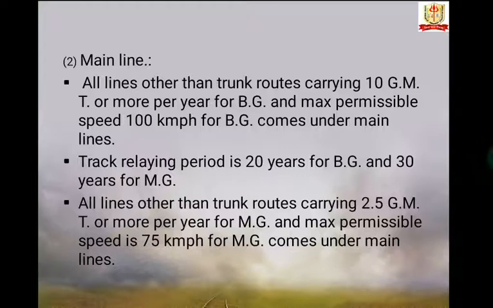It means all lines other than the trunk routes carrying 10 gross million tonnes per annum or more for broad gauge and 2.5 gross million or more for meter gauge, and whose maximum permissible speed allowed is 100 km per hour for broad gauge and 75 km per hour for meter gauge, are classified as main lines by the railway board.